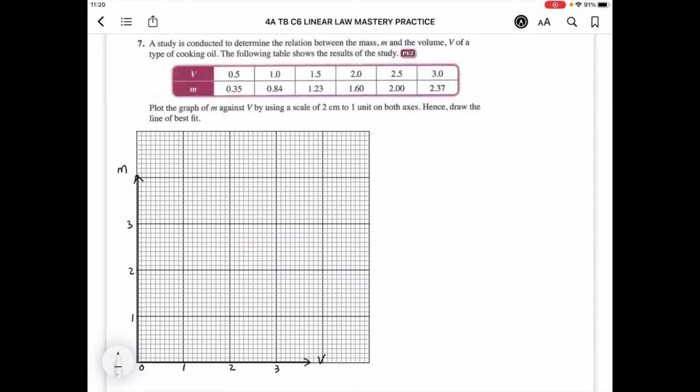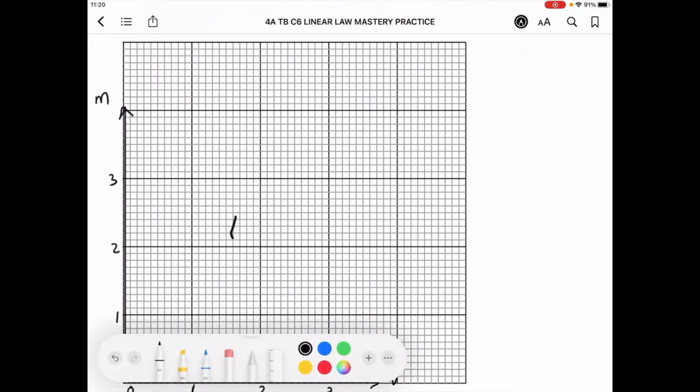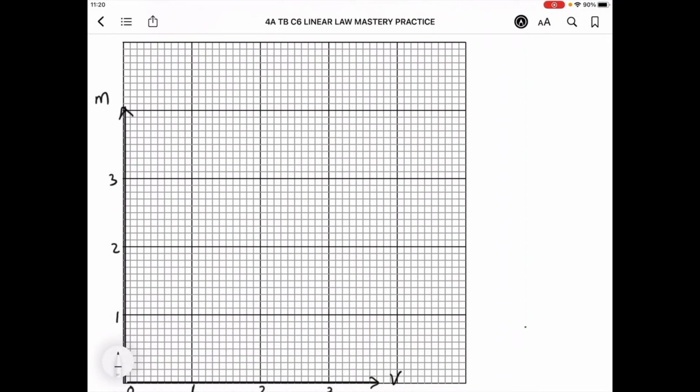On your horizontal axis, the first point is 0.5 and 0.35. Now the accuracy of your graph is up to half of the smallest box. You can't read anything smaller than that, so 0.35 will be here.